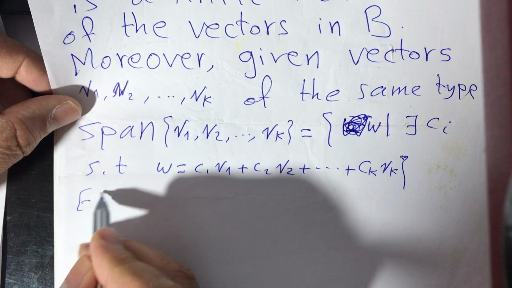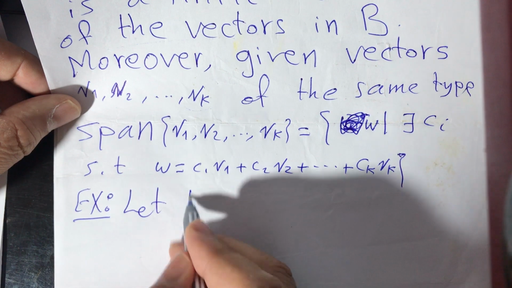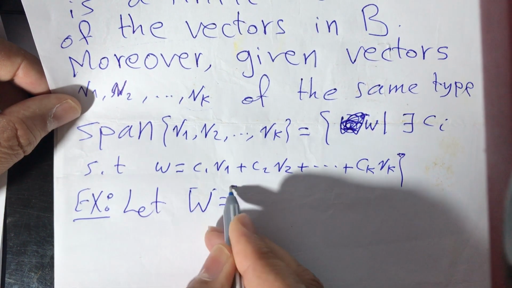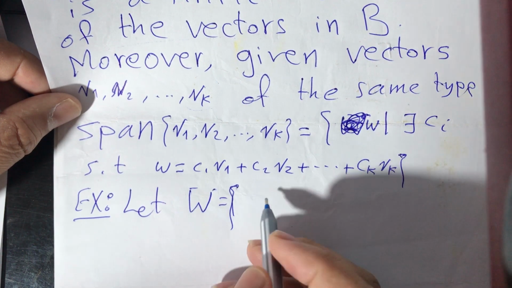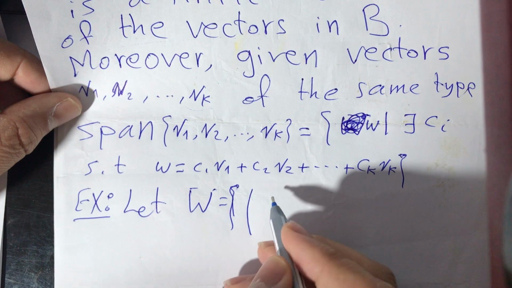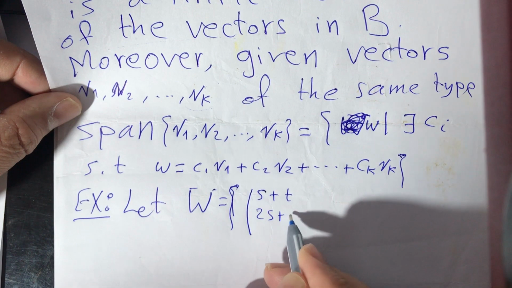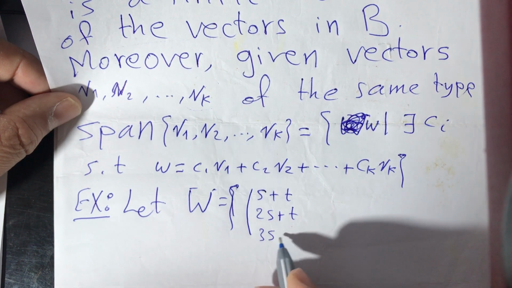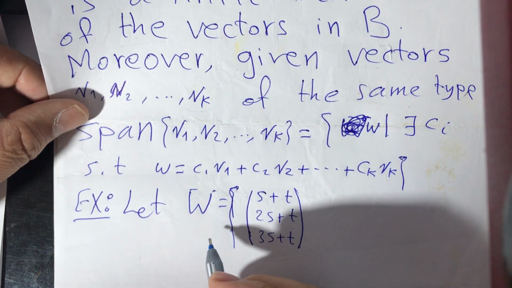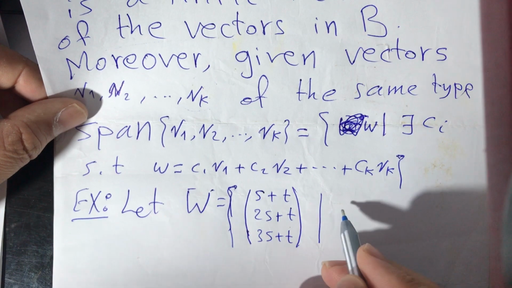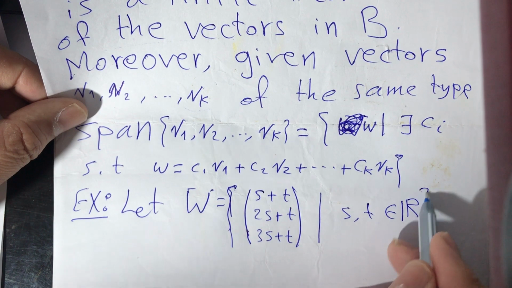Now take an example. Let W be equal to the set of vectors S plus T, 2S plus T, and 3S plus T, such that S and T belong to the real numbers.